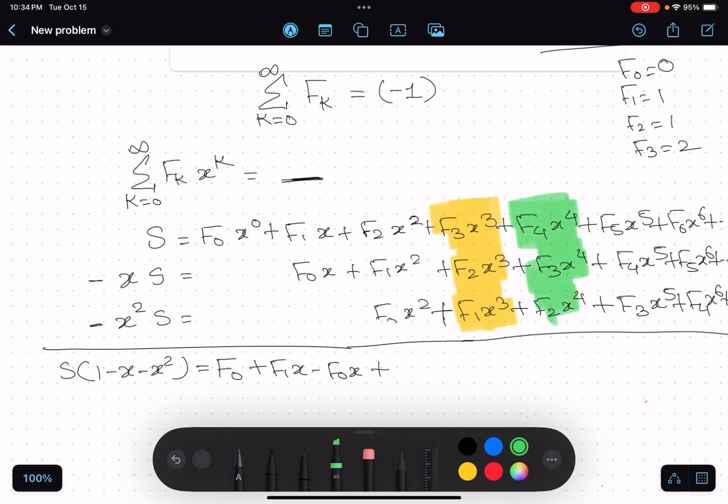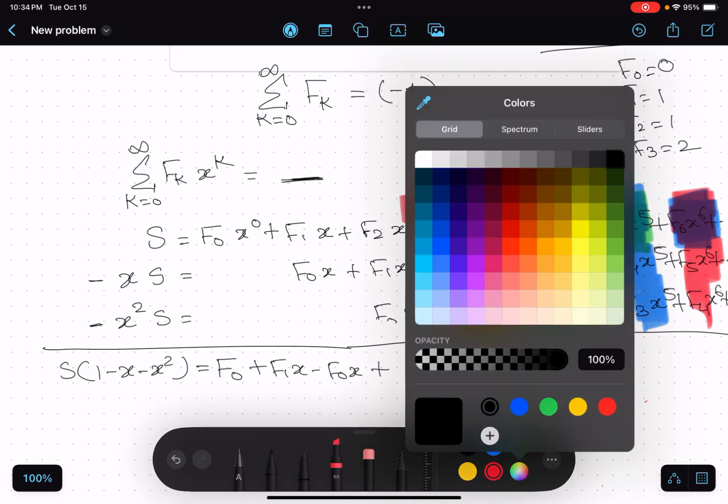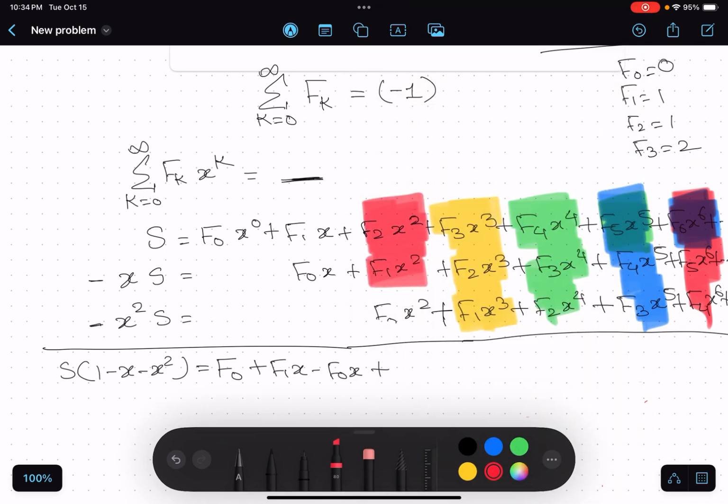All of them will just get cancelled out, so that's why this will just collapse. All of them will just be collapsing, so we need not write these expressions.